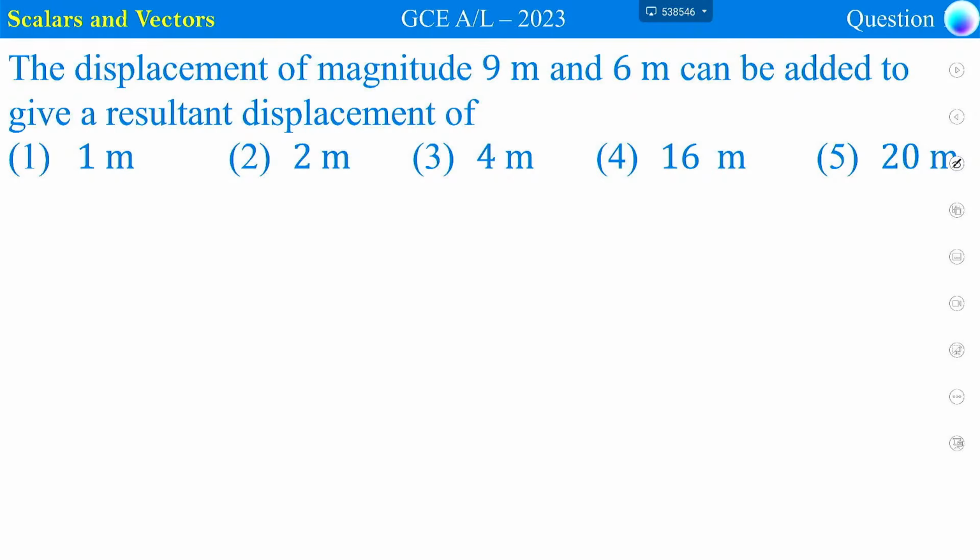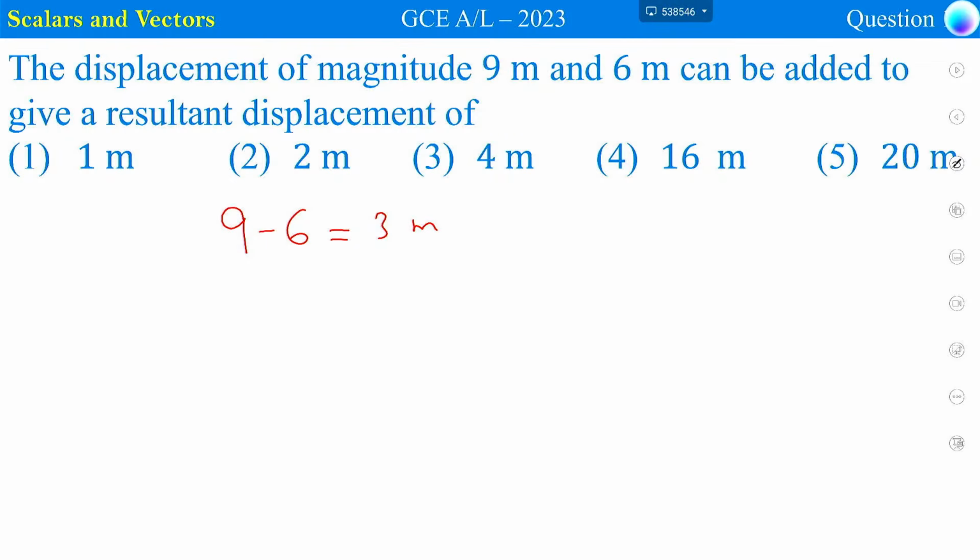Displacements of magnitude 9 and 6 can be added to give a resultant displacement. We know that now, 9 and 6. The minimum value of the resultant is 9 minus 6, that is 3 meters.